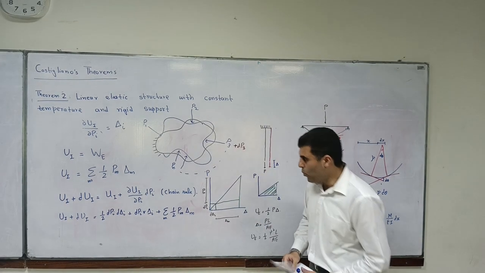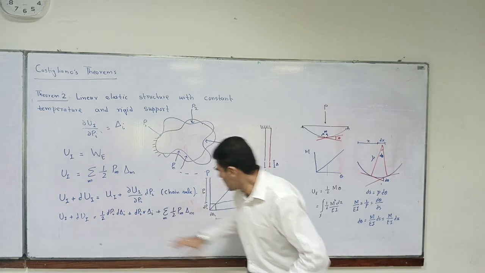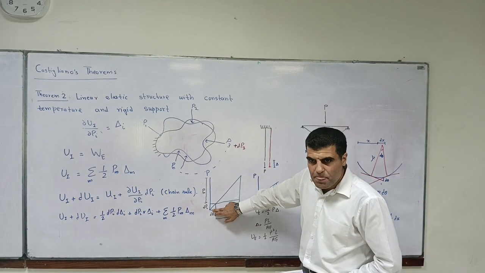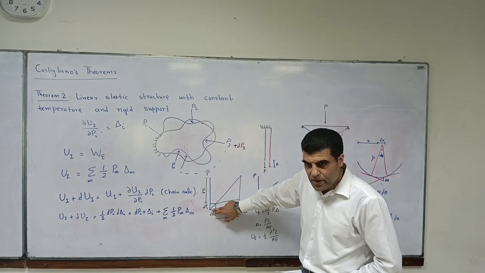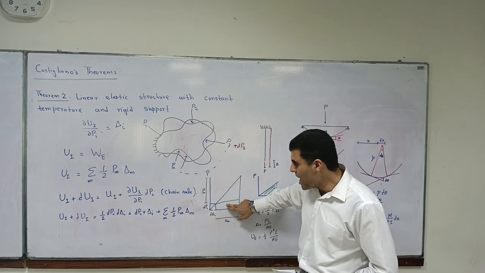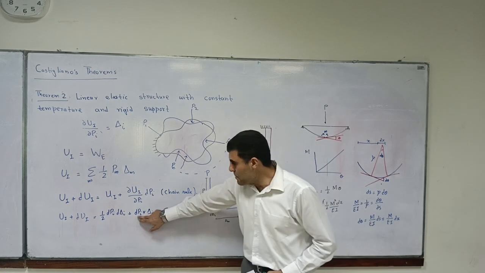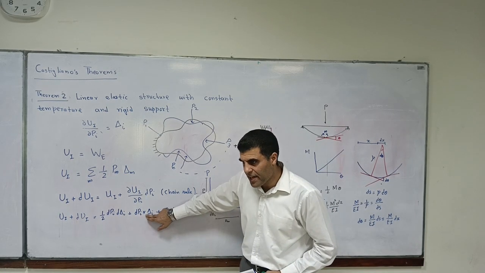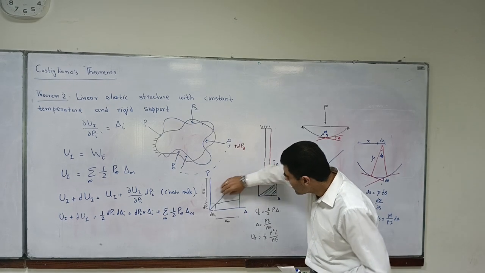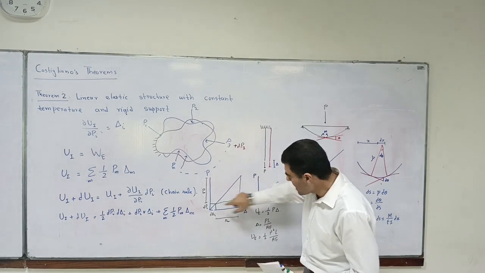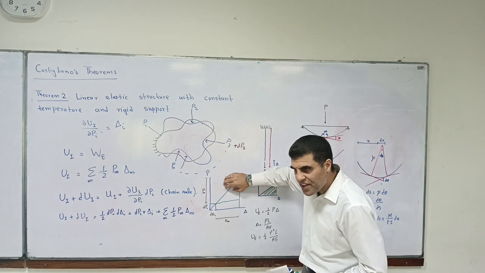Okay, so what do we have? We have this area which is dPi times delta I, and we have got this area which is dPi plus all the other load.